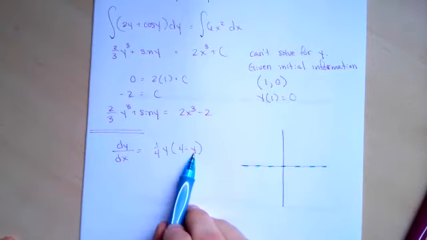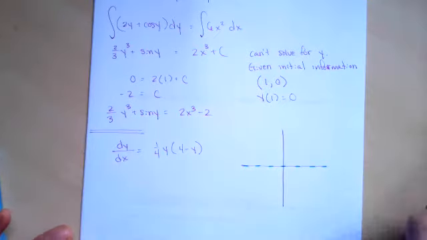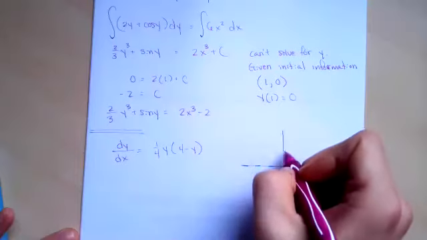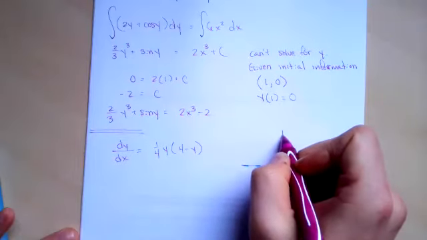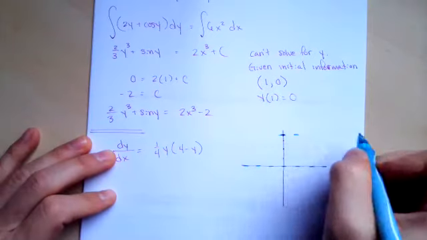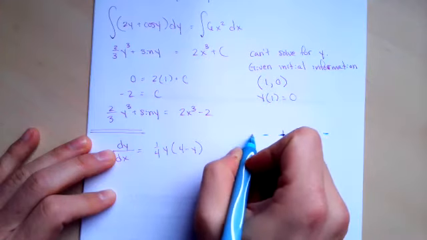And likewise, when y is 4, the whole thing will be 0. So we can go up to 4. Just put dots for the tick marks, 2, 3, 4. And so we should have seen horizontal lines at 0 and 4.